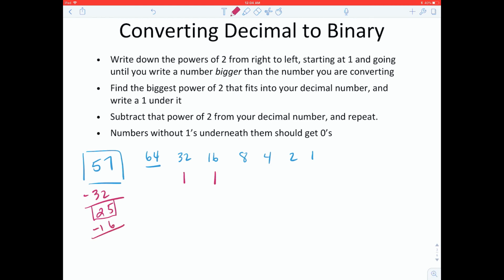So then I subtract 16 and I get 9. That's my new number that I'm working with. 8 fits inside of it. And that leaves me with a 1. So the biggest power of 2 that fits inside a 1 is simply a 1. Any powers of 2 that don't have a 1 under them get a 0.